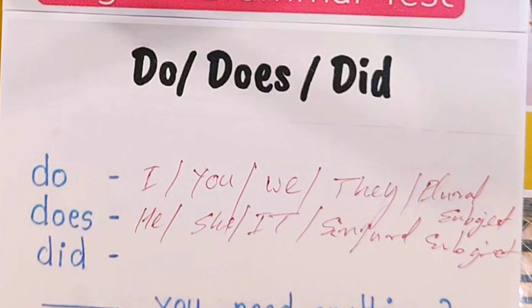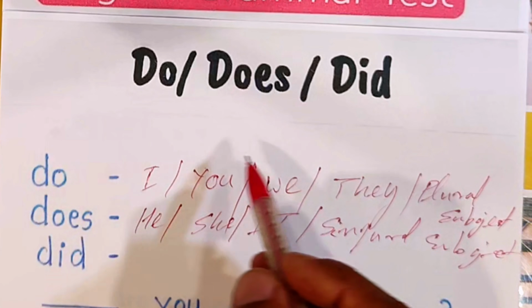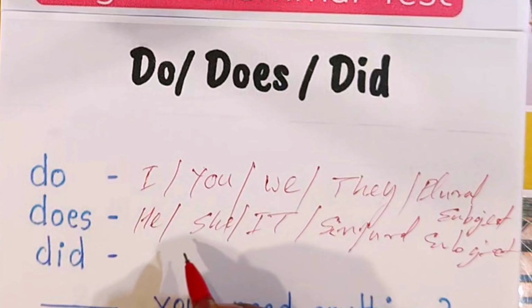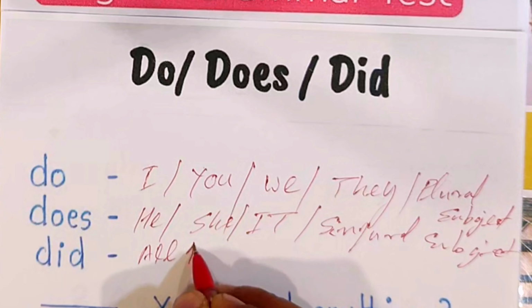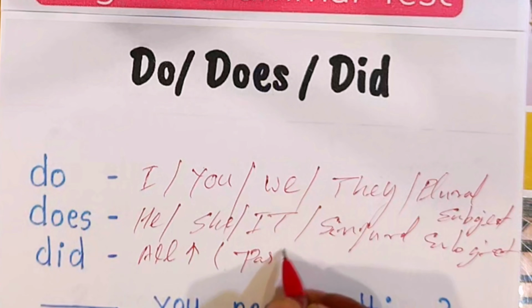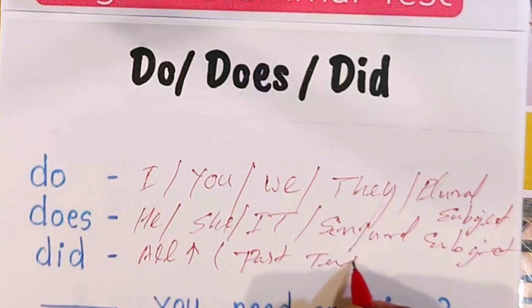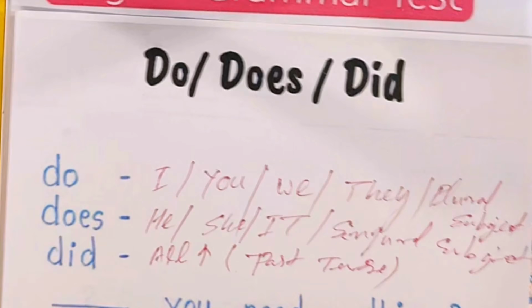And did we use for all of the above in the past tense. All of the above, when they come in the past tense, then we use the did.